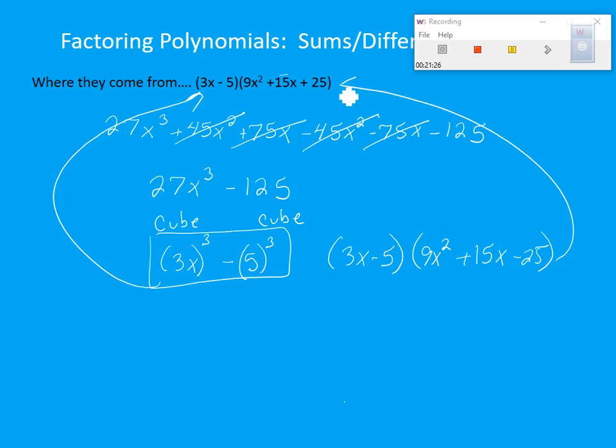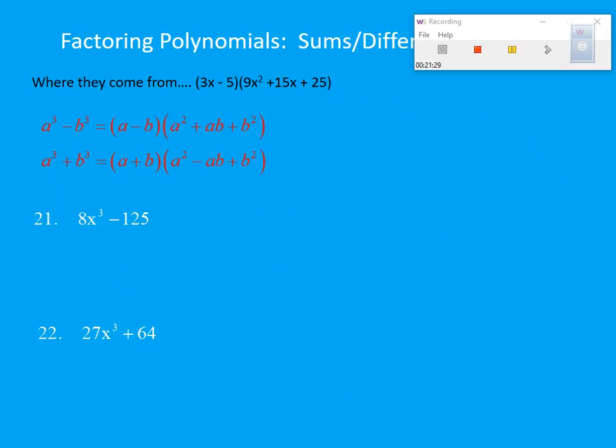So then we're back. Well, I got you a little confused now. Peek at number 21. I've got 8x cubed minus 125. Both of those numbers are perfect cubes. So I'm going to think of this as 2x to the third minus 5 to the third. Once you have that, you're ready. My binomial becomes 2x minus 5.